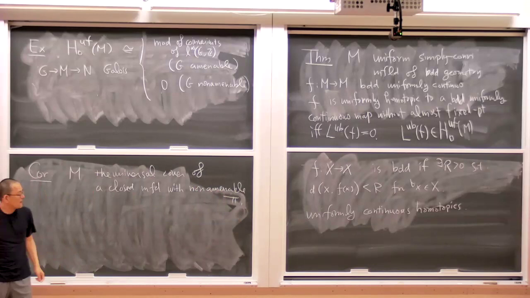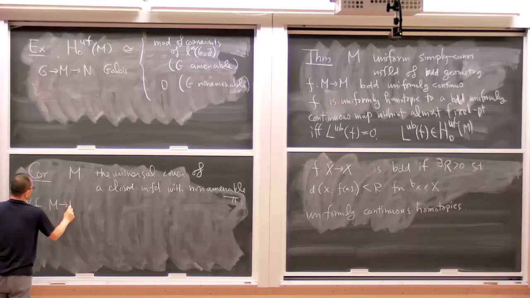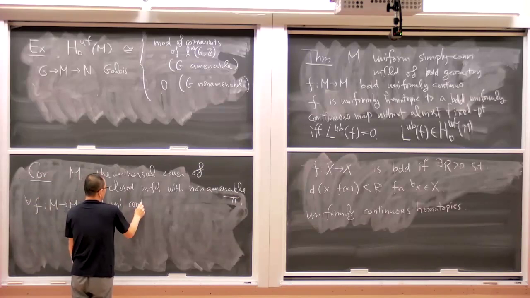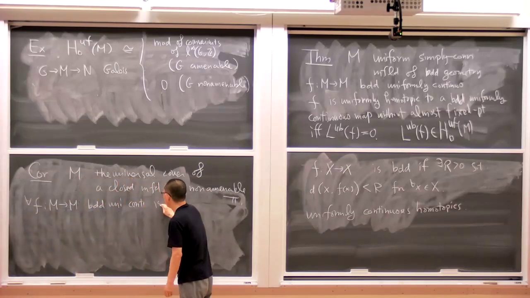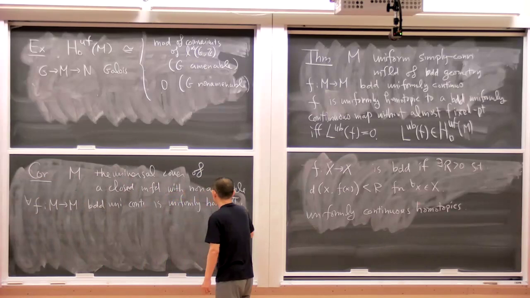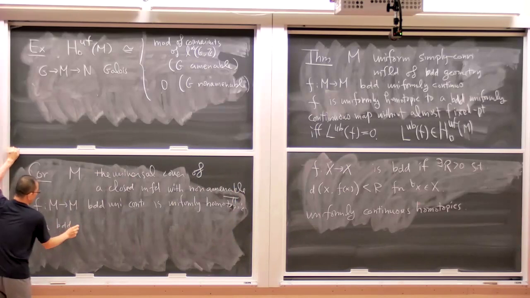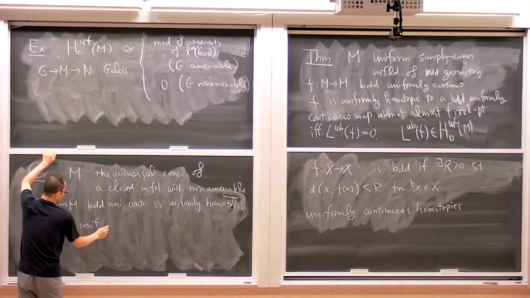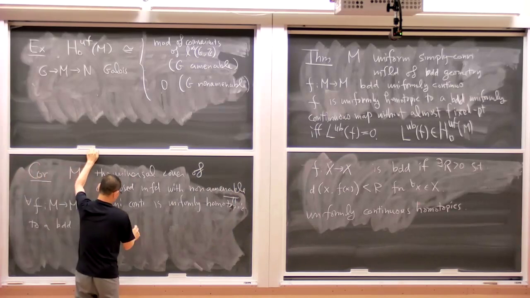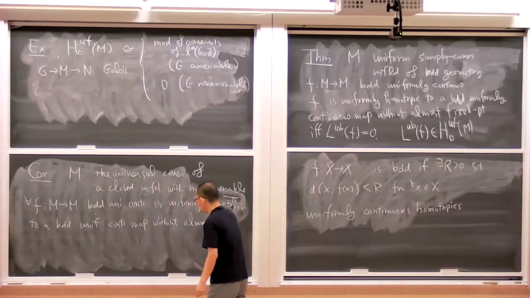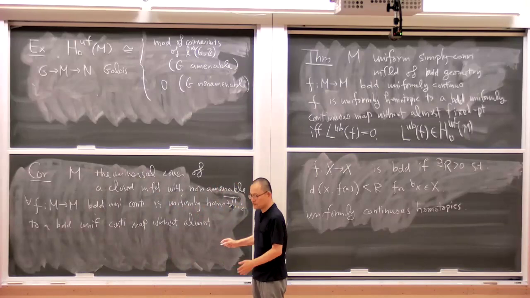Then any bounded uniformly continuous self-map of M is uniformly homotopic to a bounded uniformly continuous map without almost fixed point, so without fixed point and fixed point at infinity.